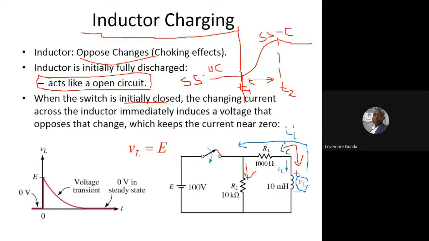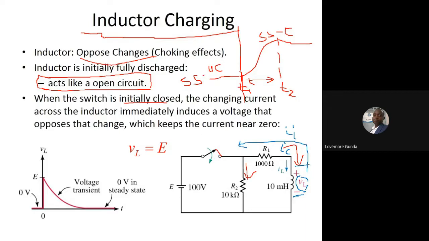So when you close this switch, you want the current through the inductor to instantaneously get to the charging current. But the inductor will oppose that, such that even if you close the switch, the inductor is initially an open circuit. Why?